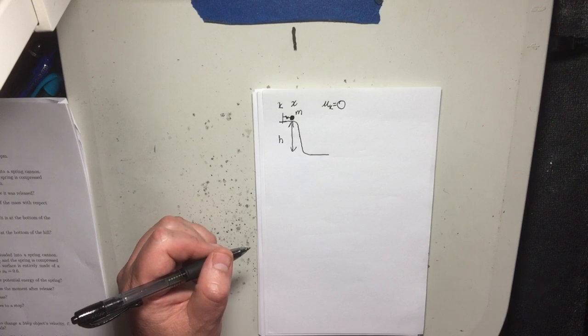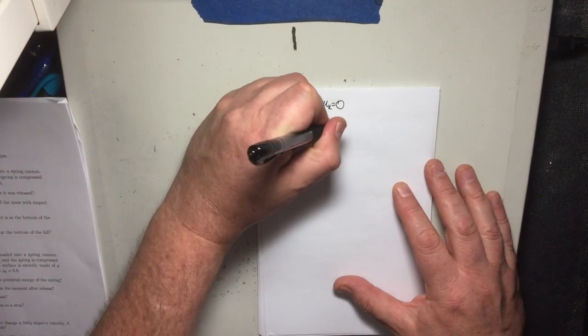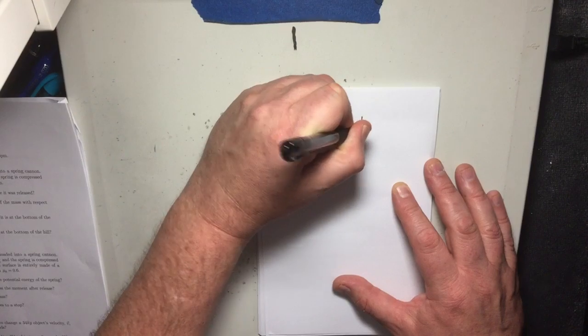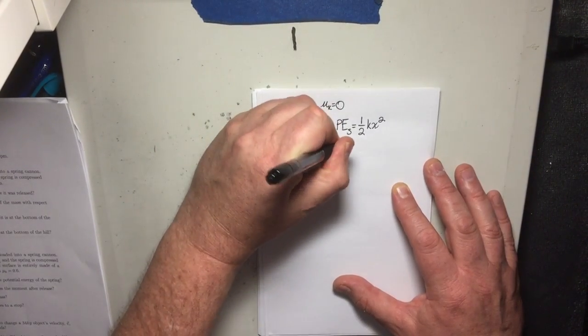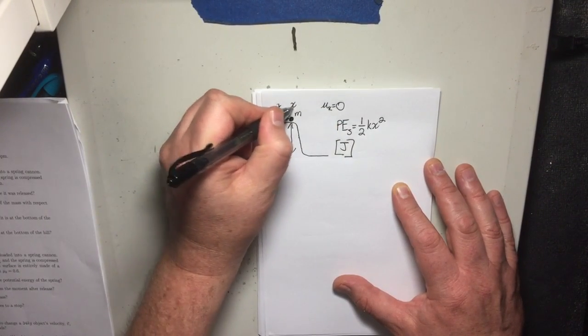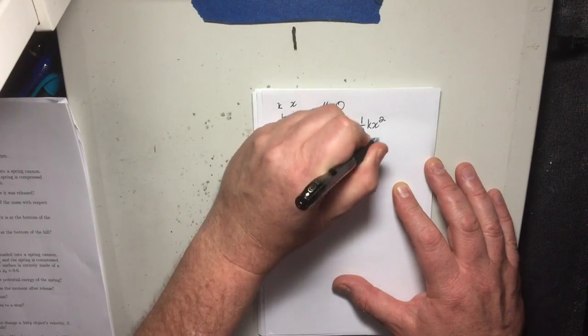So what was the stored energy in the spring before it was released? The potential energy of the spring is 1/2 kx squared. The answer that you get will be in joules. Remember that x, I gave it to you in centimeters. Convert that to meters.